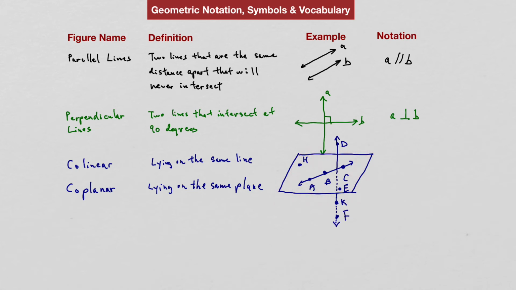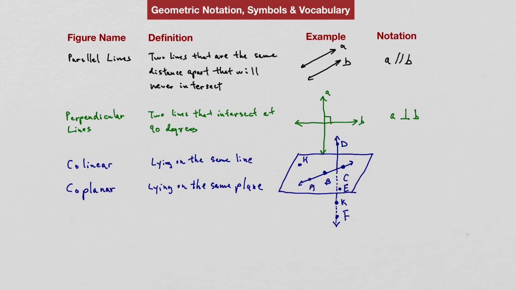So here I've added a few more points, and I wanted to point out that point D is not coplanar because it is above the plane. And similarly, points K and F are not coplanar because they are below this plane.